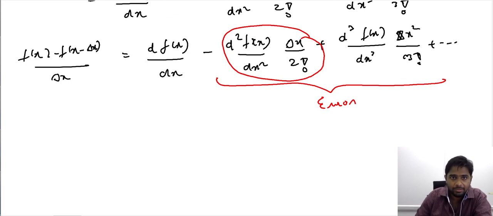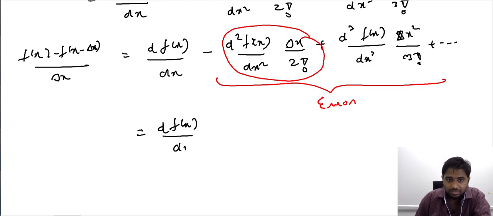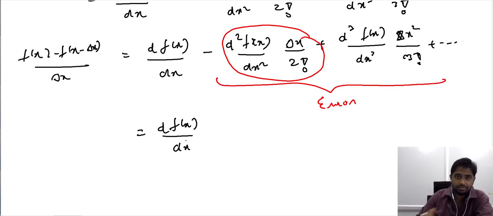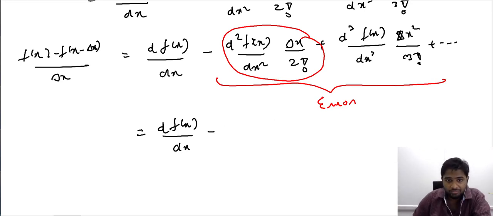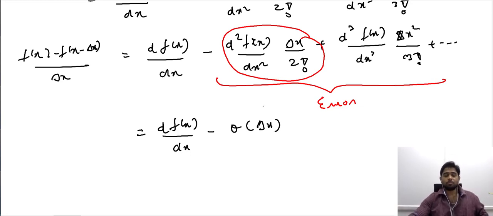So ultimately this expression can be written as the derivative estimated using the backward difference, and the error associated with it is in the order of delta x. So in both forward difference and backward difference, the error associated with these approximations is in the order of delta x. Depending on what your delta x is, correspondingly the error would scale.